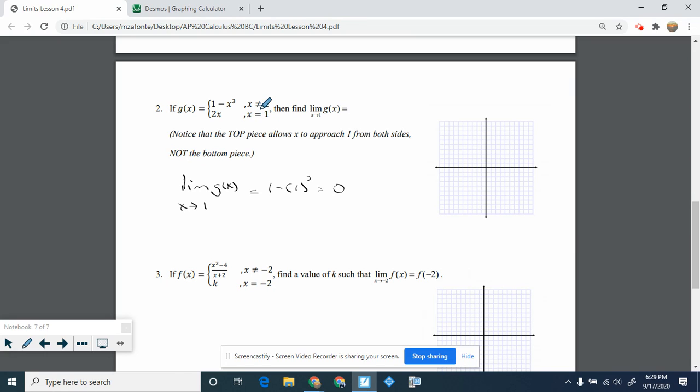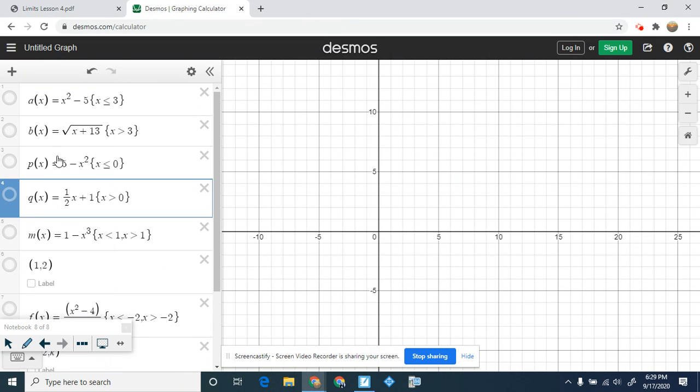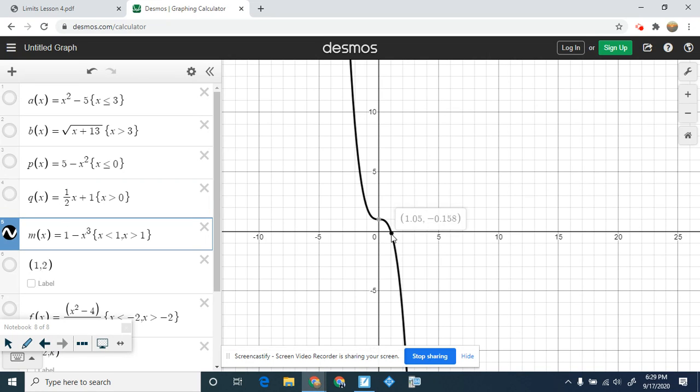All right, so now let's look at the graph of this. Now, in Desmos I had to get a little fancy with the symbols here, so don't get too hung up on how I did it. So there is my 1 minus x cubed for x not equal to 1. Now, again, they don't draw it for me. Oh, there it is, right?